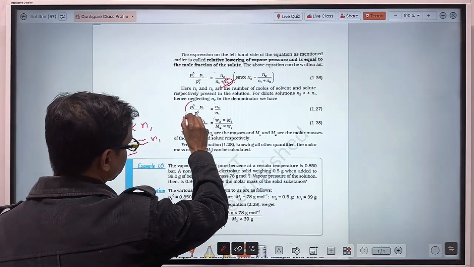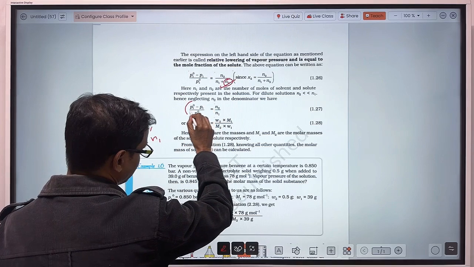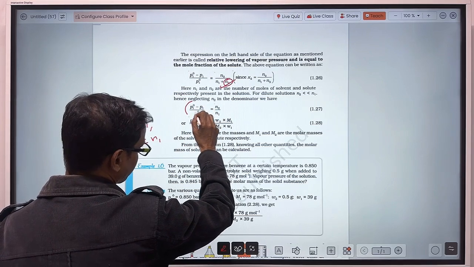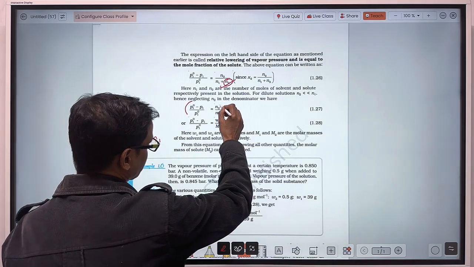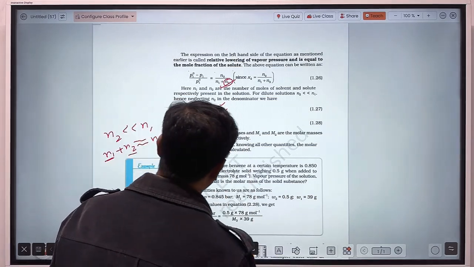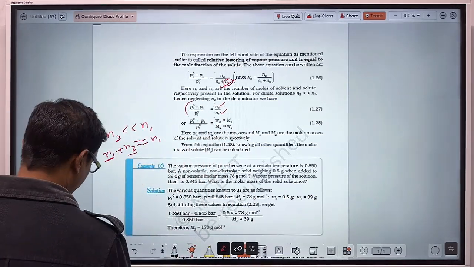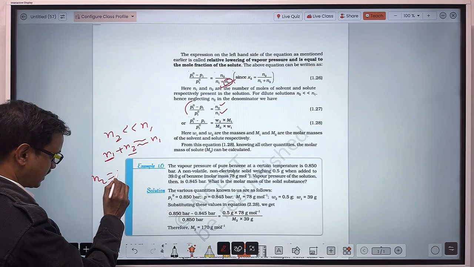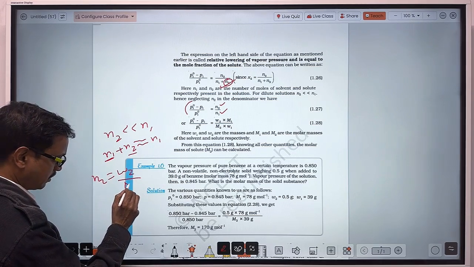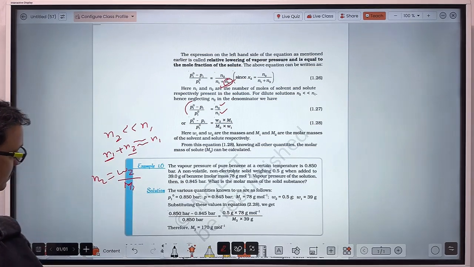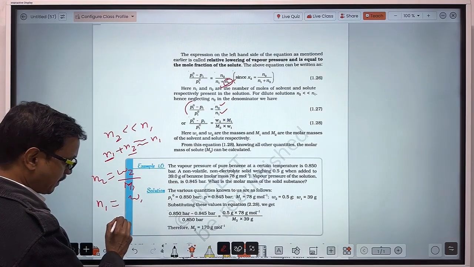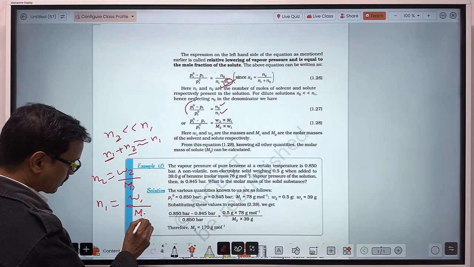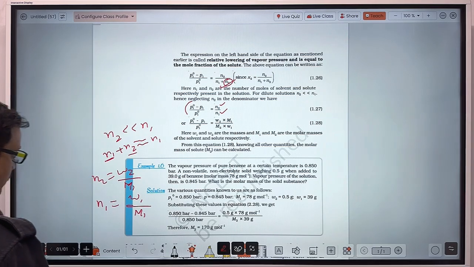So the change in vapor pressure with respect to the original vapor pressure, the vapor pressure of solvent, will be equal to N2 by N1. And how do we know? The number of moles of solute will be equal to the given weight of solute upon the molecular weight of solute, and the number of moles of solvent will be the given weight of solvent upon the molecular weight of solvent.